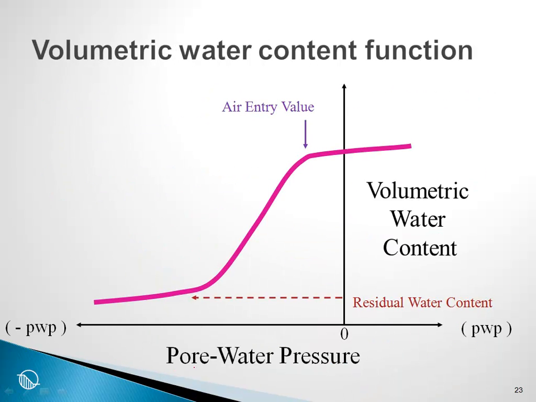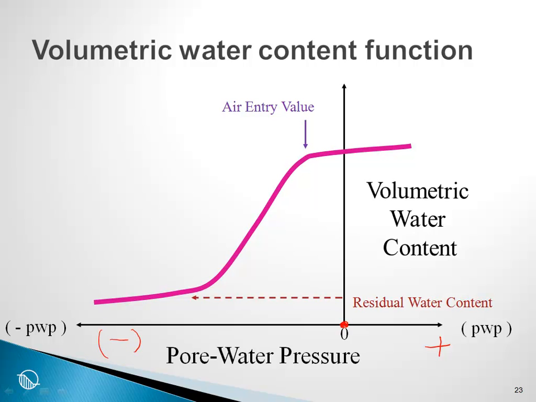So here then is the shape of a volumetric water content function. First of all, on the horizontal axis we have plotted pore water pressure. Here the pore water pressure is 0. On the right side of 0 the pore water is positive, and on the left it is negative.